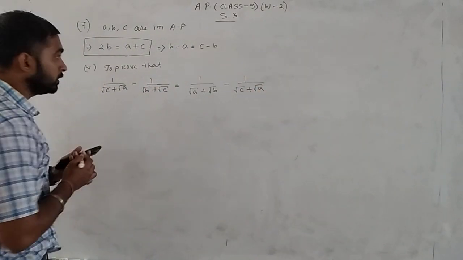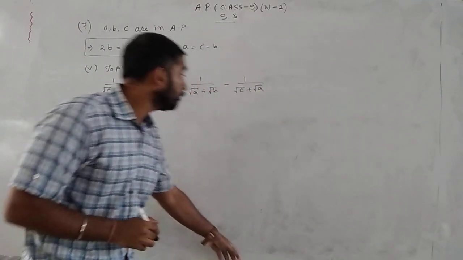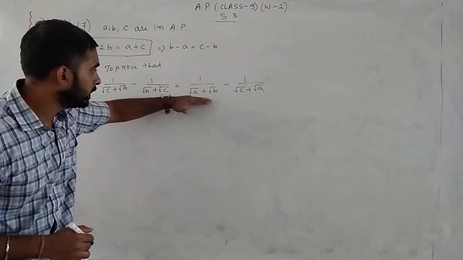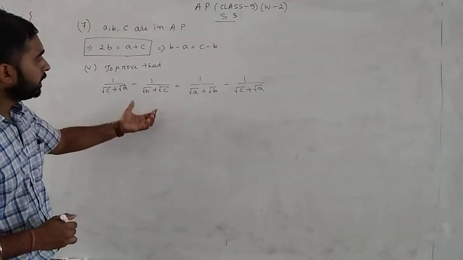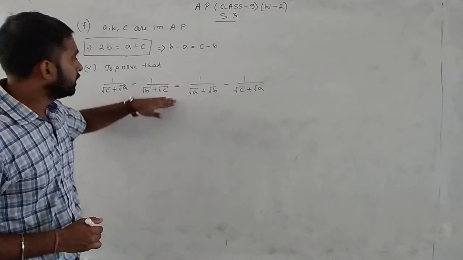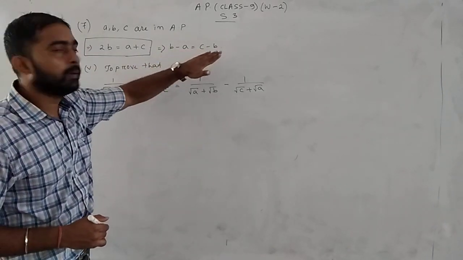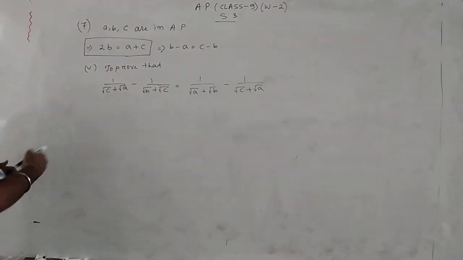Now see, this is a special type of question. If you simplify both sides, taking this one as an equation, and if you find out that this implies b minus a equal to c minus b, then we can say that they are in AP.